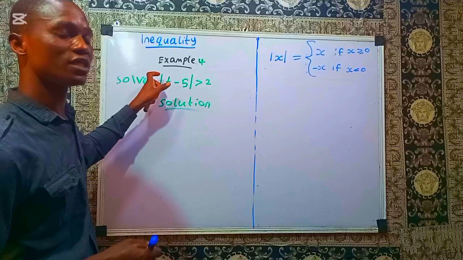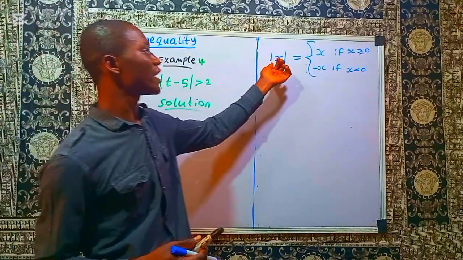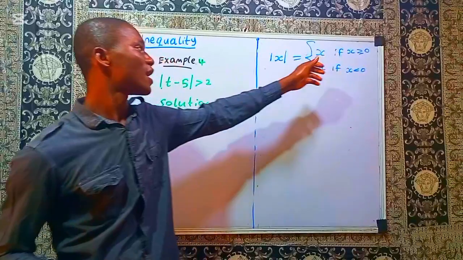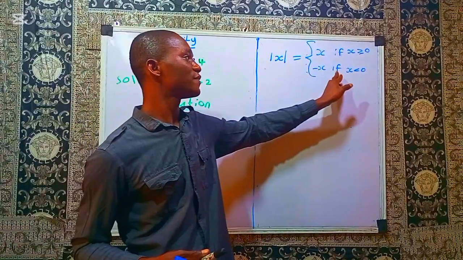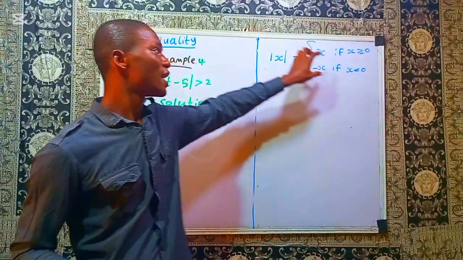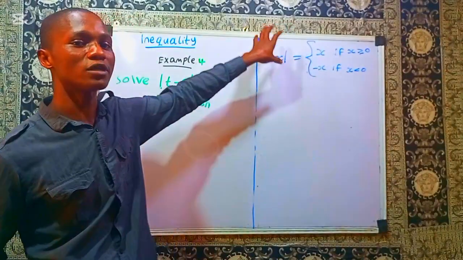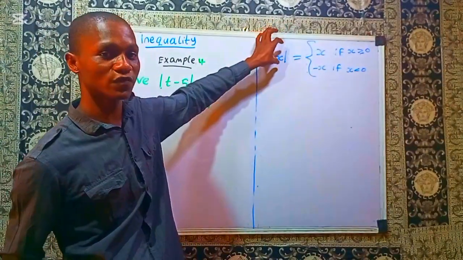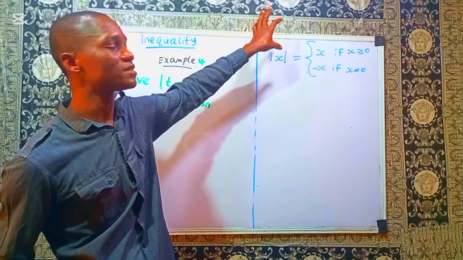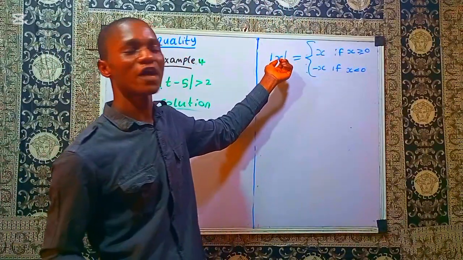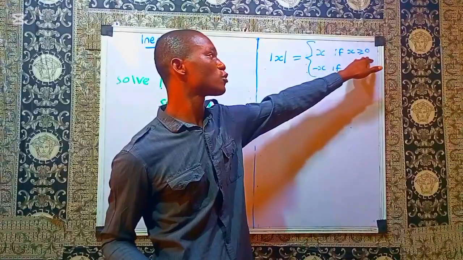Absolute value of x is x if x is greater than or equal to 0, and it is minus x if x is less than 0. X is representing whatever thing you have inside the absolute value. So you have two cases. The first case is a situation whereby the quantity you have inside the absolute value is greater than or equal to 0.